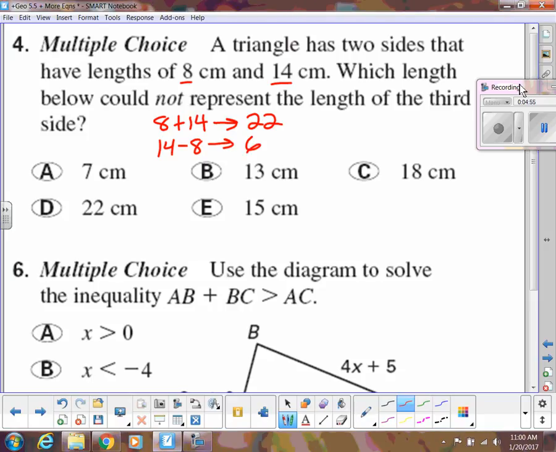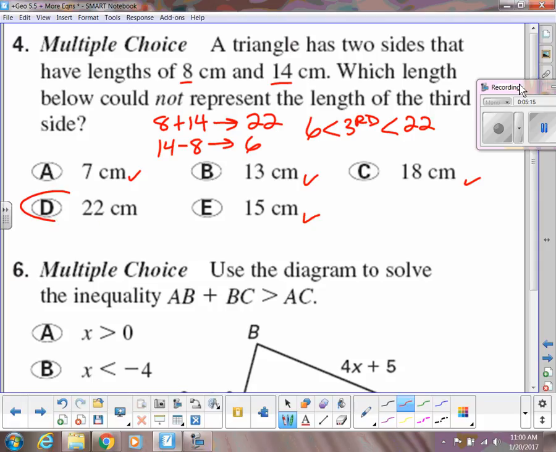So I know my third side has to be less than 22 and greater than 6. Okay, so 7's okay, 13's okay, 18 is okay, 15 is okay, 22 is not okay because it has to be strictly less than, it cannot be equal. So that would be the correct choice.